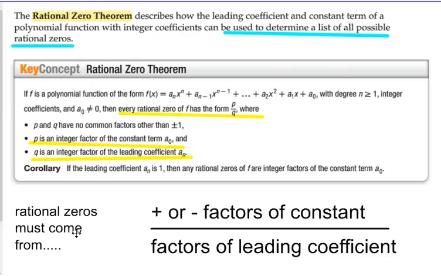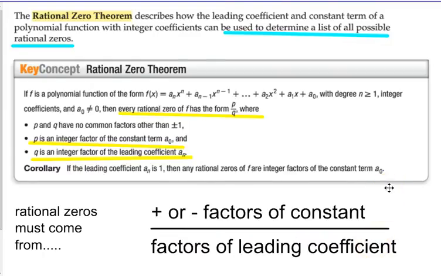The rational zero theorem sounds all complicated. I'm pretty sure you did this in Algebra 2 honors. I don't know about regular. But the rational zero theorem says that if you have a polynomial with integer coefficients, any rational zeros have to come from the factors of the constant over the factors of the leading coefficient.